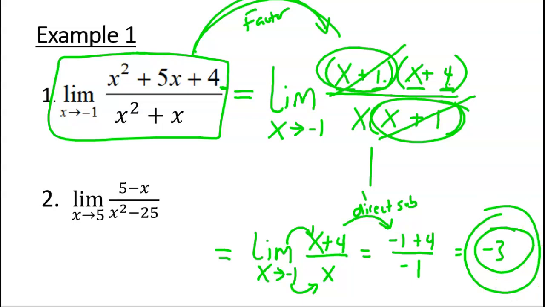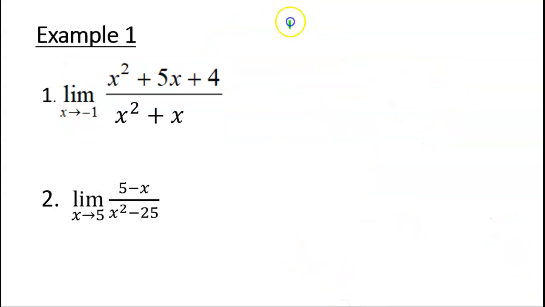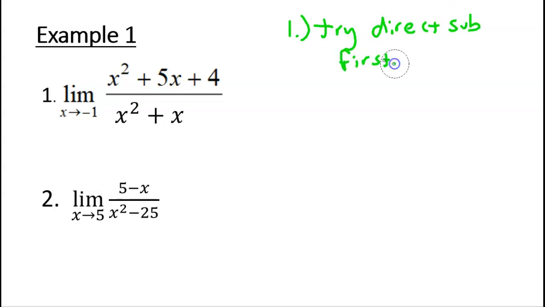So this is a graph where you would have a hole at -1, comma -3, but it would be a hole where the limit exists because it approaches it on both sides. Okay, so let's review. When you're doing limits, you try direct substitution first. But if it fails, we're going to do a couple of things.